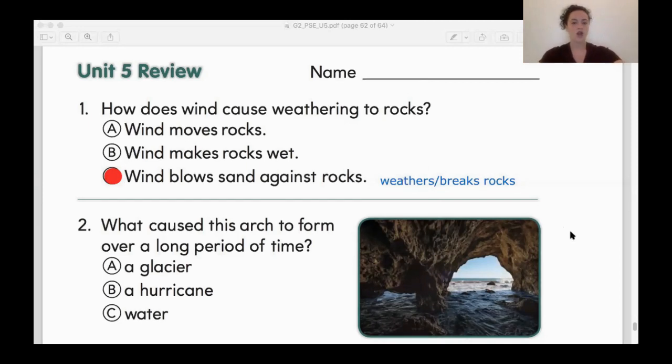What caused this arch to form over a long period of time? Water. Excellent. The water over a long time made this little tunnel and made the arch form. An arch is a structure, a building of this shape.